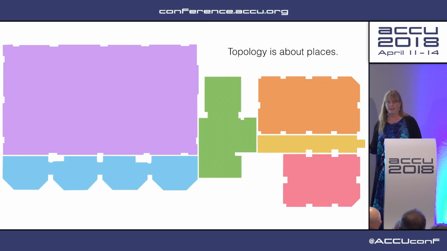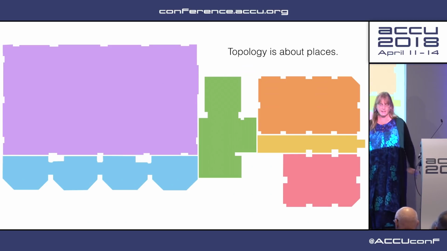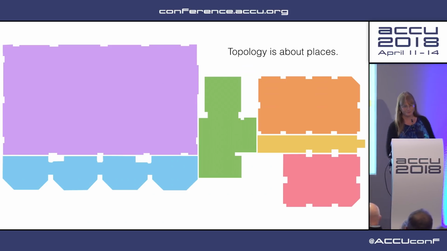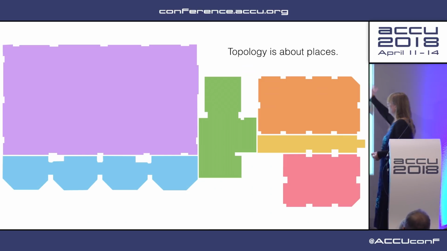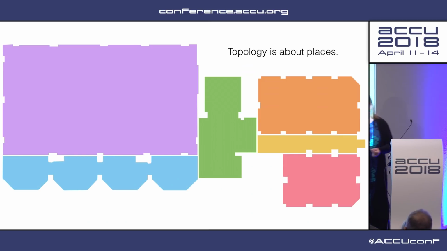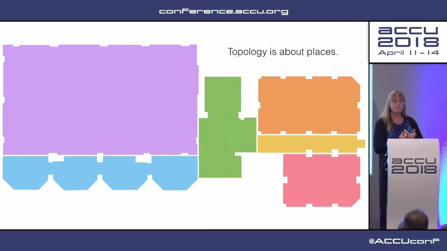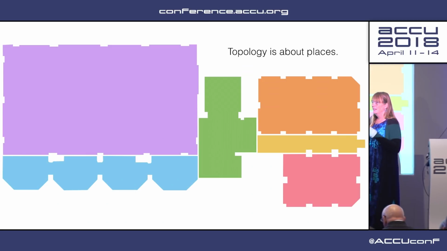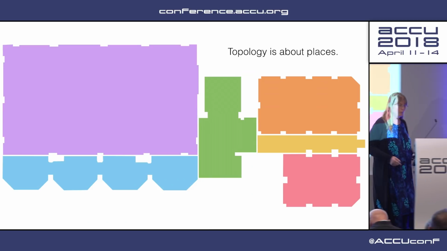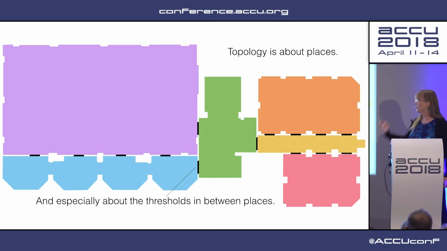Topology is about places. Places like a bunch of rooms in a conference center. But perhaps more important than these big blocks are the places in between, the liminal places, the places that are somewhat in a room and somewhat out of a room, the thresholds.